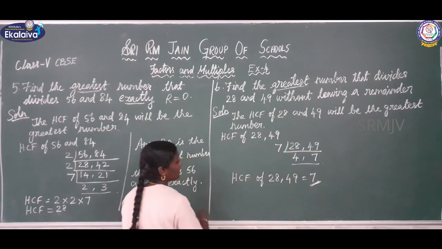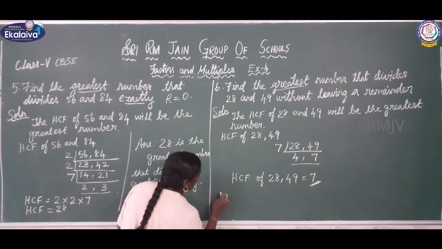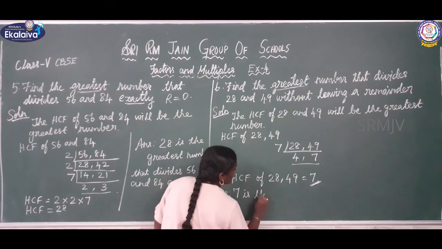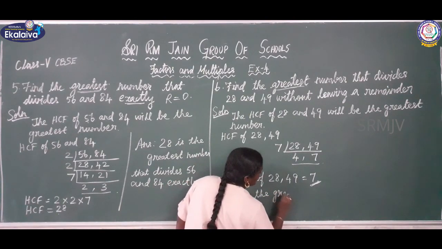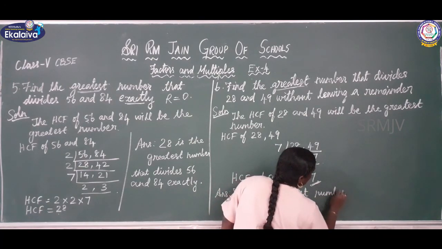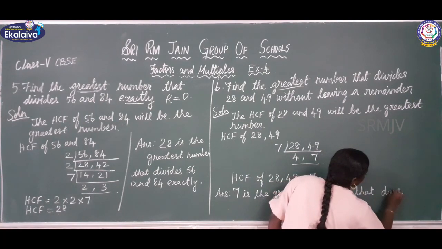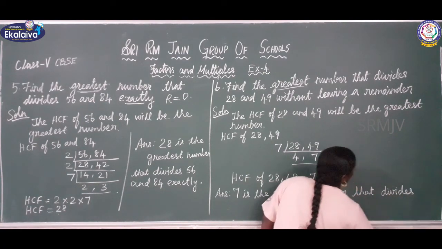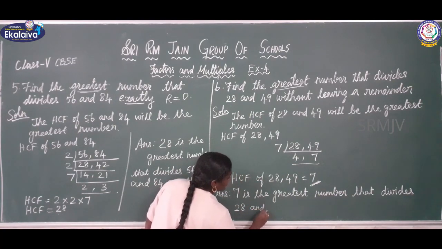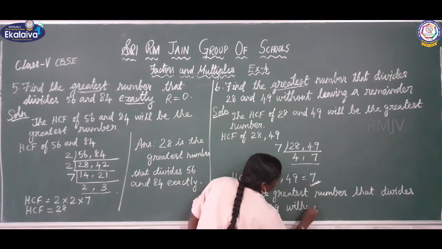So, 7 is the greatest number which divides the numbers 28 and 49 without leaving a remainder.